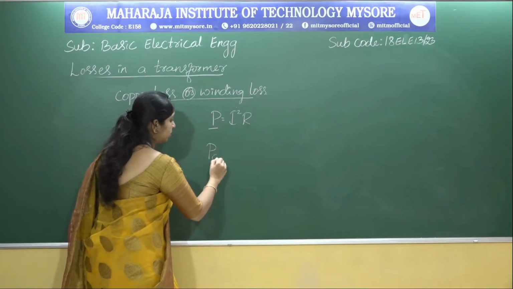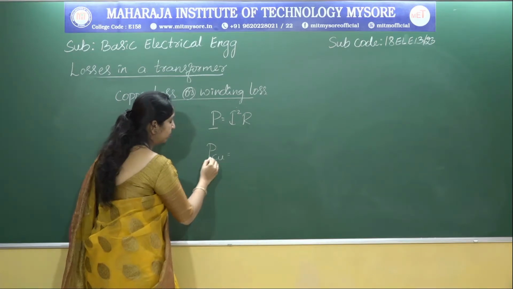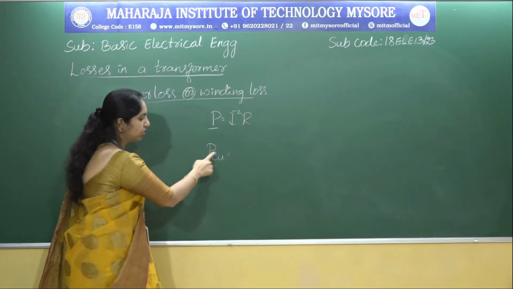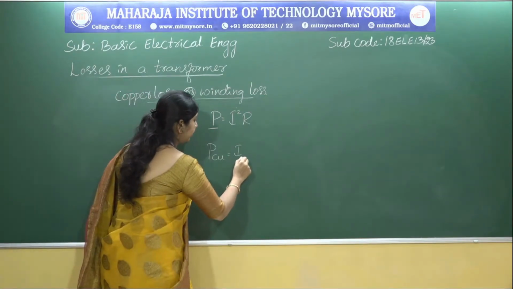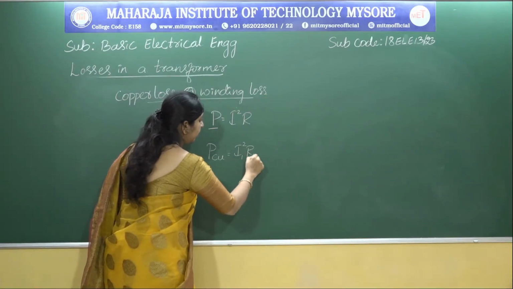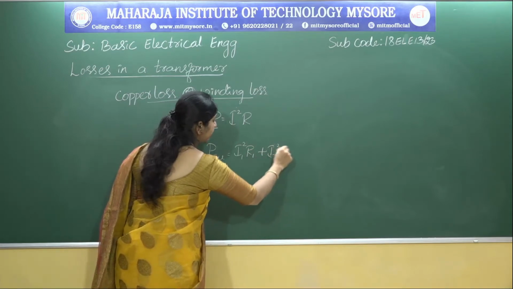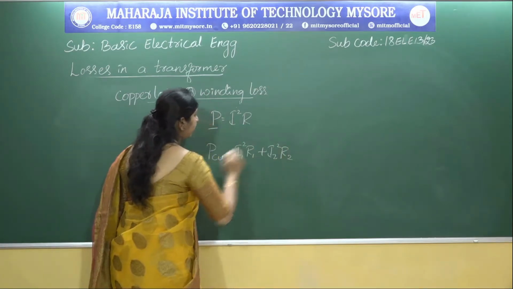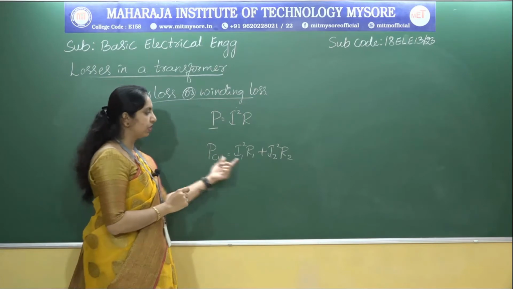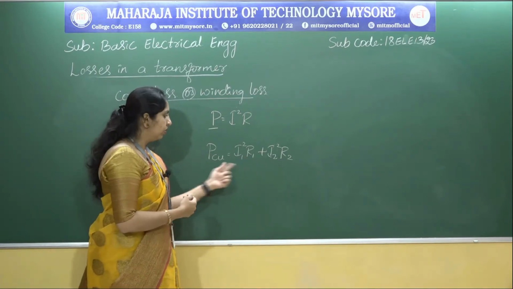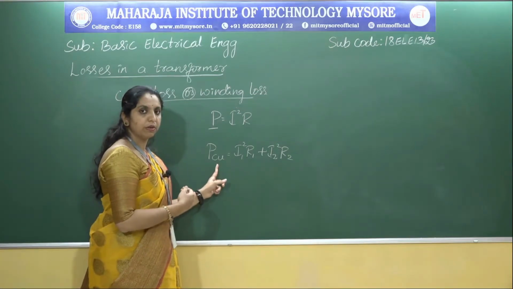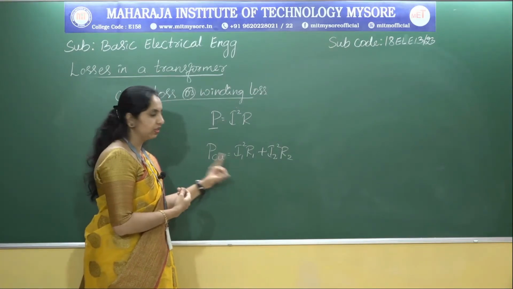The copper loss we can express as Pcu, where Cu indicates copper. It can be expressed as I1 square into R1 plus I2 square into R2. As I have indicated, power is wasted because of the resistance at the primary as well as at the secondary, and copper loss also depends on the magnitude of the current.